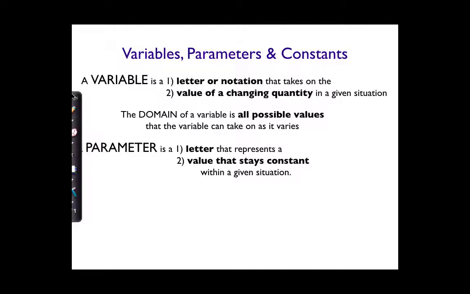M is not a variable there. M was taking on one value per question. So it was negative 0.75 in the flag question. When we were talking about the candy question, it was whatever that was, 2.75. So using the symbol m in place of the specific number is using a parameter.